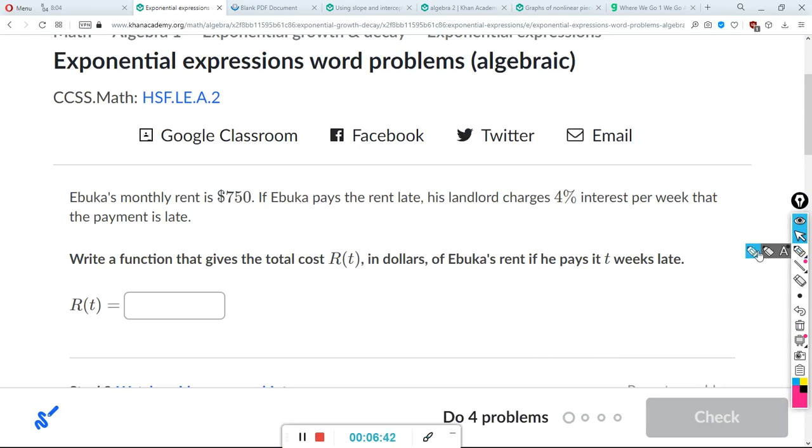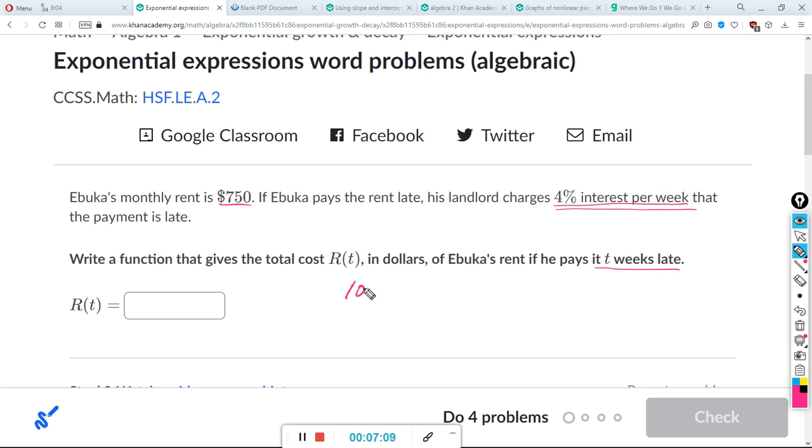Alright, we'll do one more. E's monthly rent is $750. If E pays the rent late, his landlord charges 4% interest per week that it's late. Write a function that gives the total cost of E's rent if he pays it T weeks late. Okay, so it increases by 4% each week.